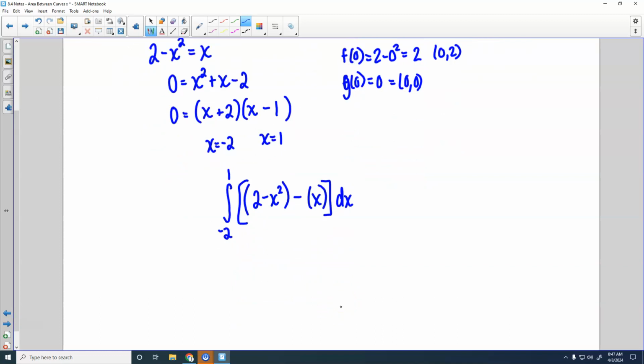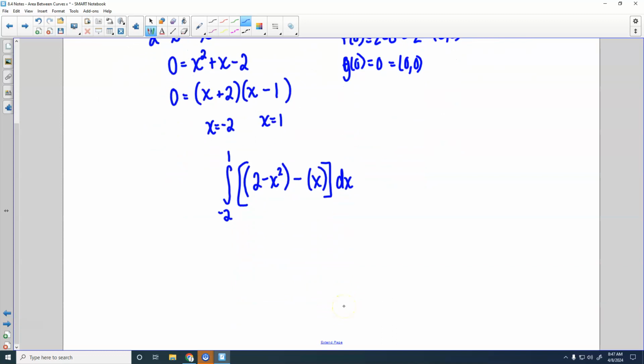And then I just like to clean that up a little bit before I actually integrate. So I like doing the highest exponent first. Negative x squared minus x plus 2 dx.